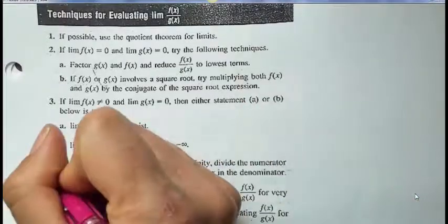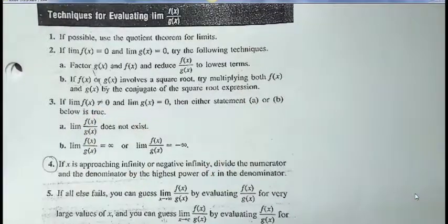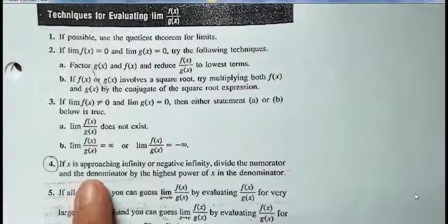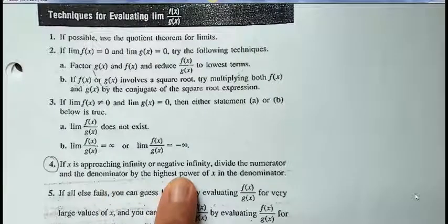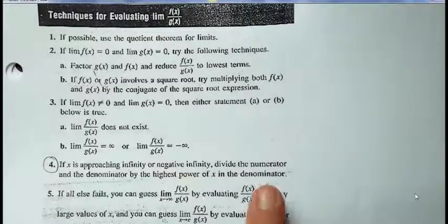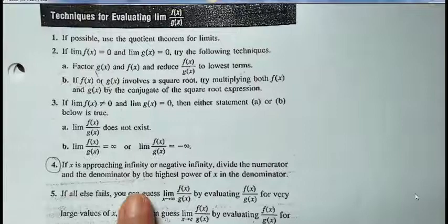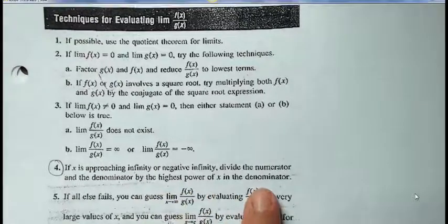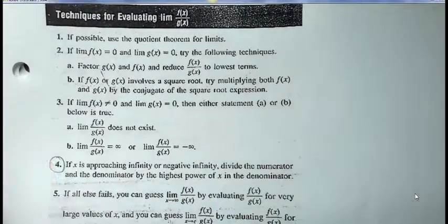But I want you right now to look at number 4. So this only happens if x is approaching infinity or negative infinity. Then one thing that you can do to make your job algebraically easier is to divide the numerator and the denominator by the highest power of x in the denominator. I'm going to highlight that.